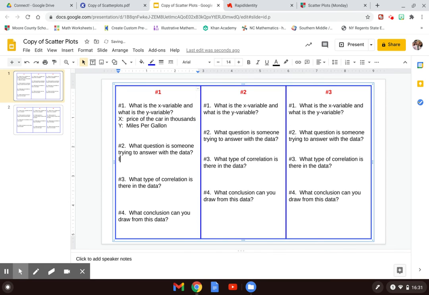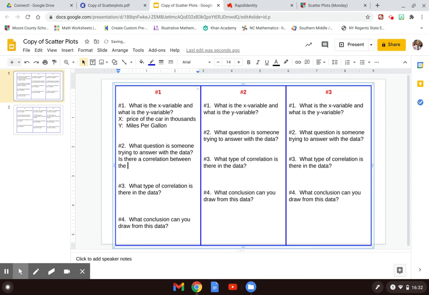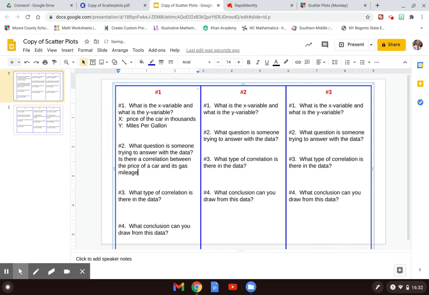What they're trying to answer is, is there a correlation between the price of a car and its gas mileage? Okay, that's the question that we're trying to answer there.